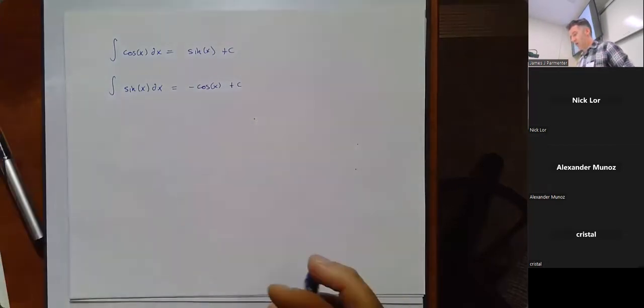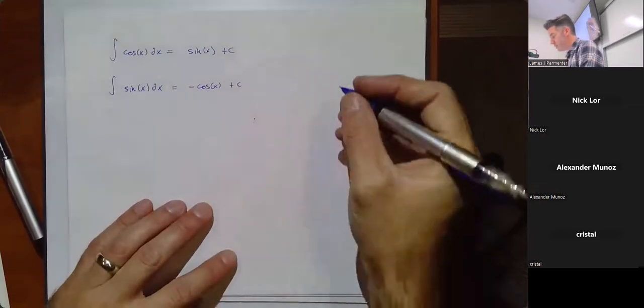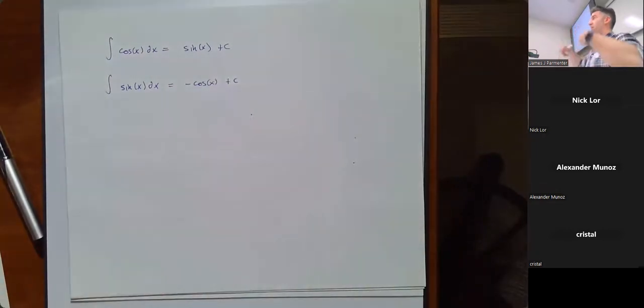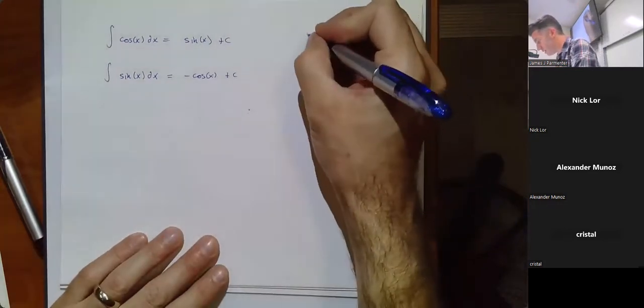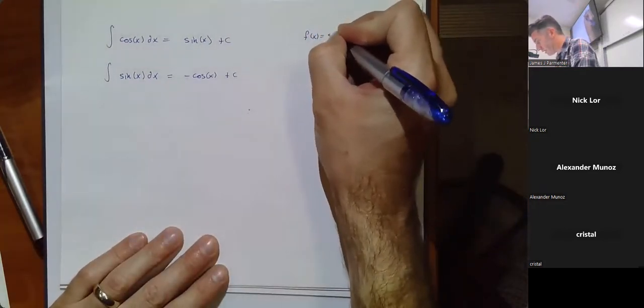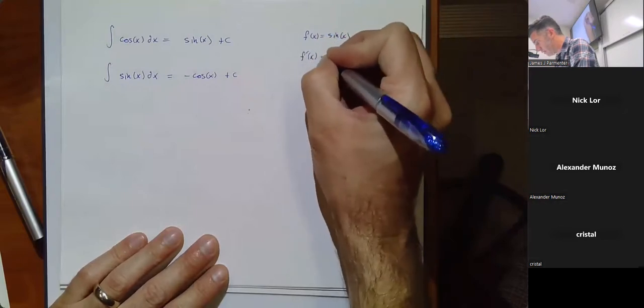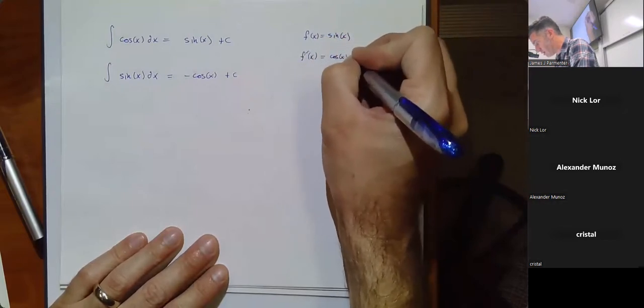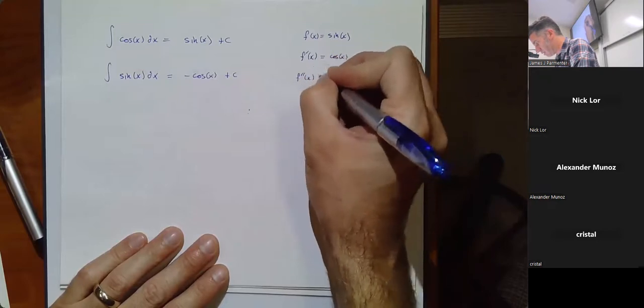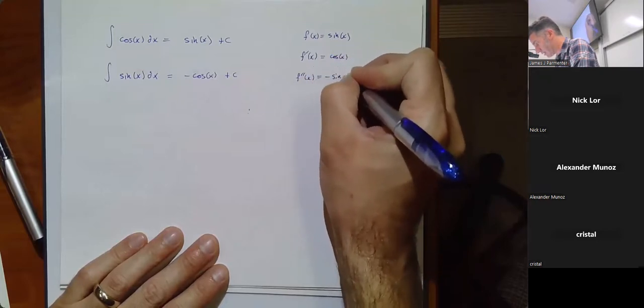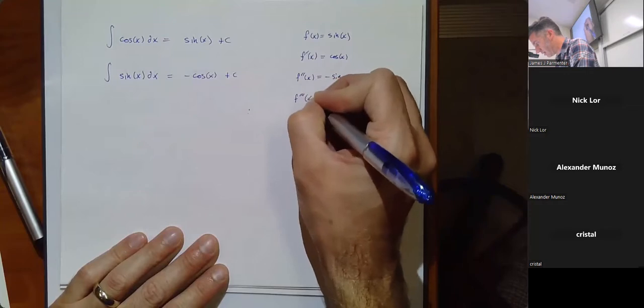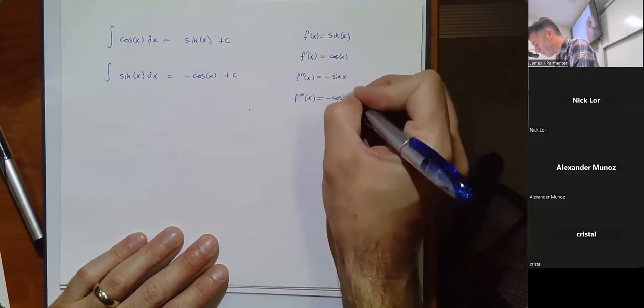I'm also going to say, since it comes up, sine and cosine have kind of a cycle of derivatives. So if you start with, say, f of x equal to sine of x, and then start taking derivatives, f prime of x is cosine of x. The next derivative is negative sine of x. The next derivative is negative cosine of x.